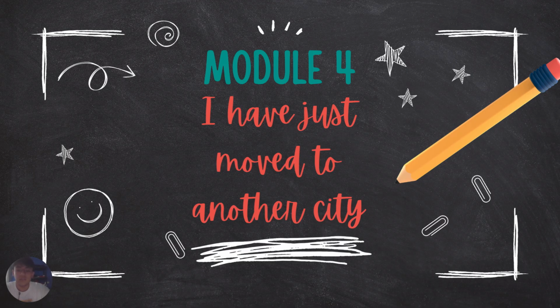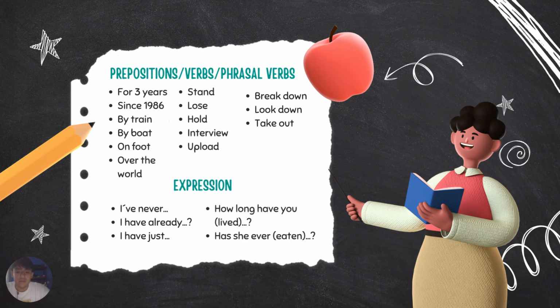Model 4 is about the present perfect. We use it to talk about experience using have or has and the past participle of the verb.